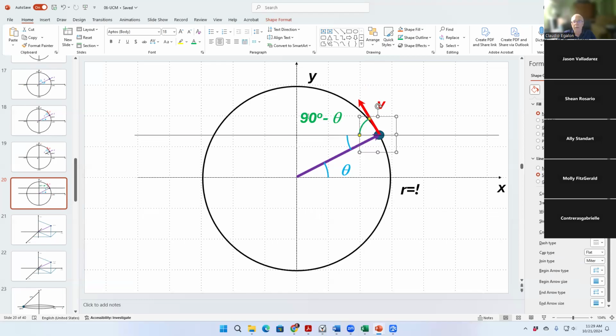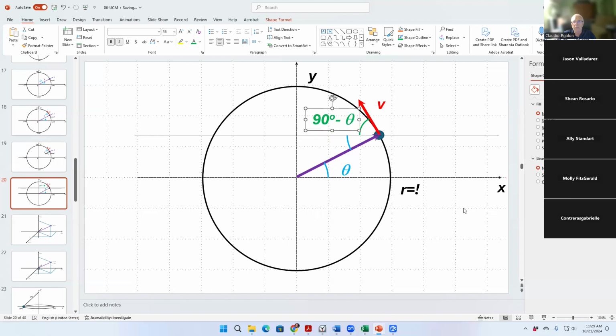Another way to look at that, the x component is v cosine of 90 minus theta, minus v, right? From the drawing, here you go.